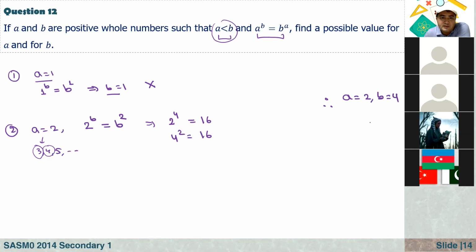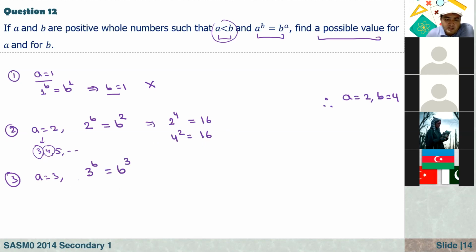We have one answer. But it says to find a possible value for A and for B, right? A possible value means just one value. That's enough, actually. But if you look for any other answer, we don't have any solution. How do I know that? Suppose how about the next number, A equals 3. So here we have 3 to the power of B is equal to B to the power of 3.